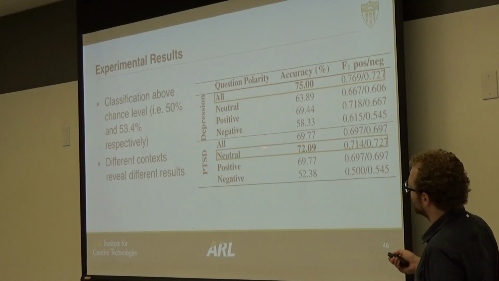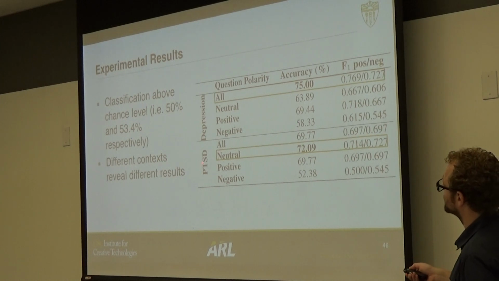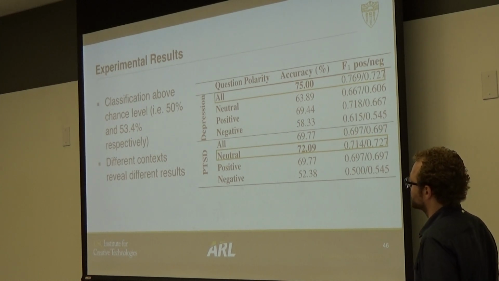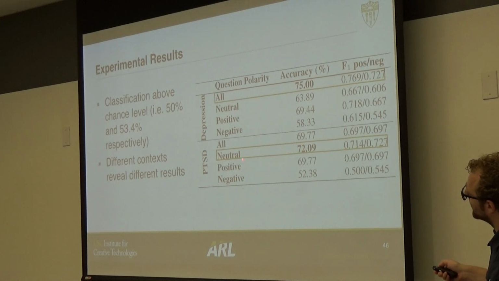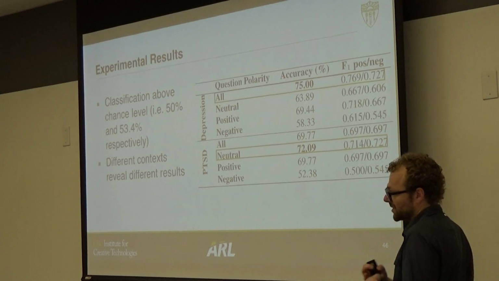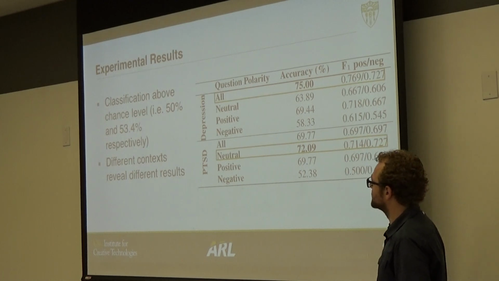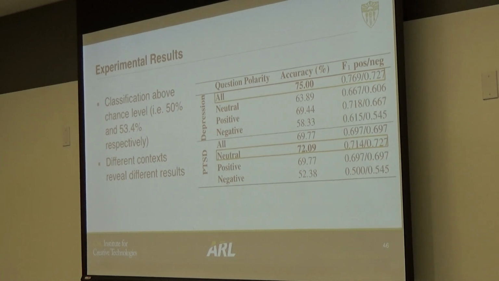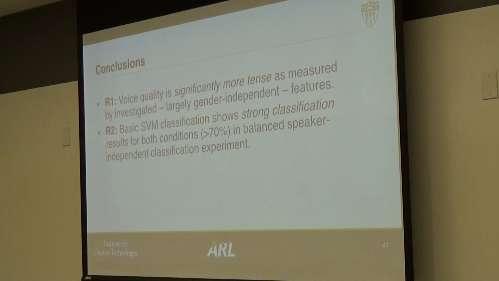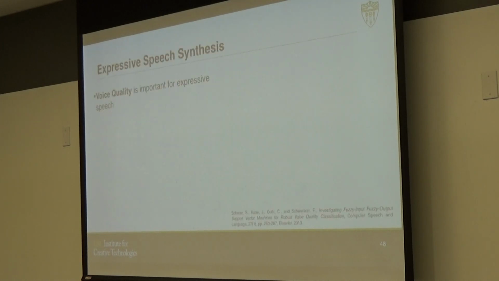And we also get quite good at PTSD classification, and these different neutral, positive, negative categories are question contexts. In a sense, we ask them different sorts of questions. Sometimes we ask negative questions, and they react differently to those, versus sometimes they react positively to some other questions.